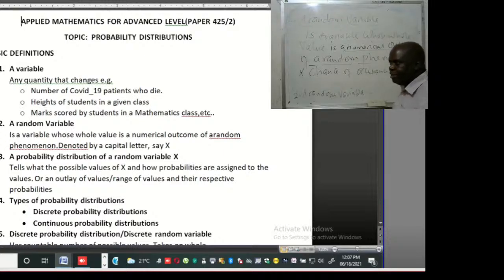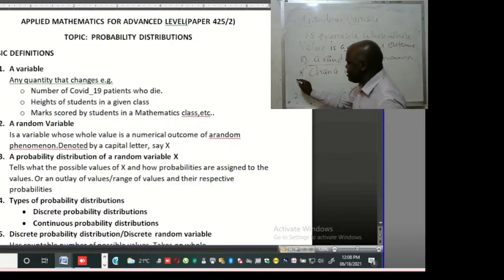There's a probability you get COVID when you don't wear a mask and you expose yourself to the COVID environment. There's a probability that you will not get it when you go to a place where people don't have COVID. So there is a chance of occurrence, a likelihood of occurrence. So it's a random phenomenon. Once you have understood that it's a random phenomenon, that means there's a chance of occurrence.